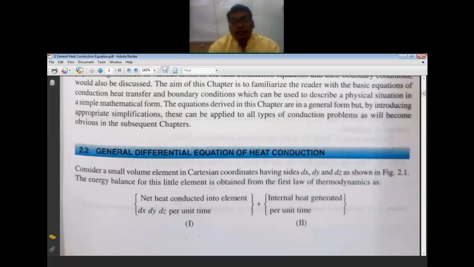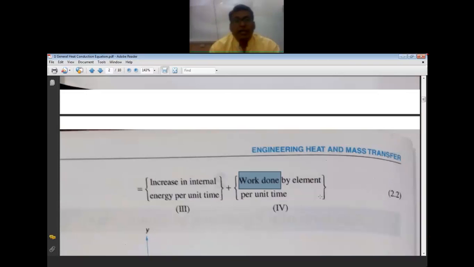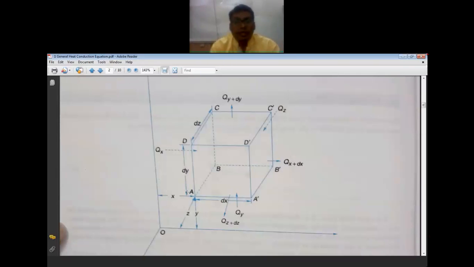Sometimes there can be either generation or consumption. And third is the increase in the internal energy, that is the accumulation term or the unsteady term that will appear in this unit.